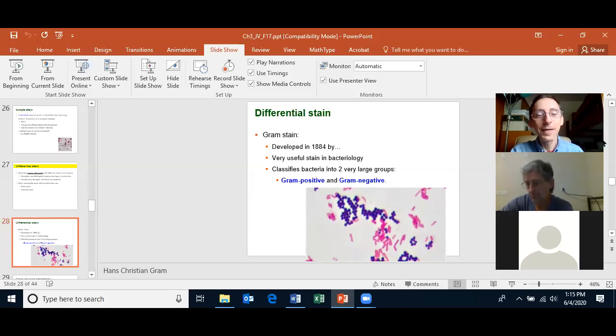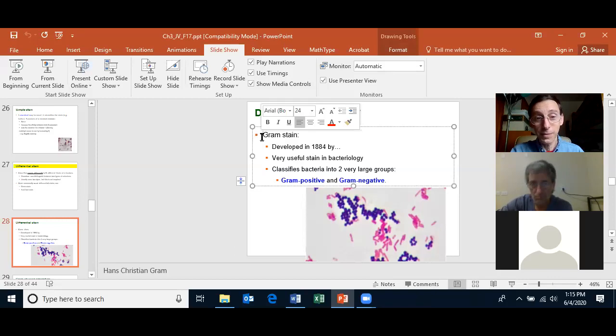The Zoom. The Gram stain was developed by Hans Christian Gram in 1884. You don't have to know the year, but you should know that it was invented by Dr. Gram. Whenever you use it, you should spell it with a capital G because it's named after somebody, okay?